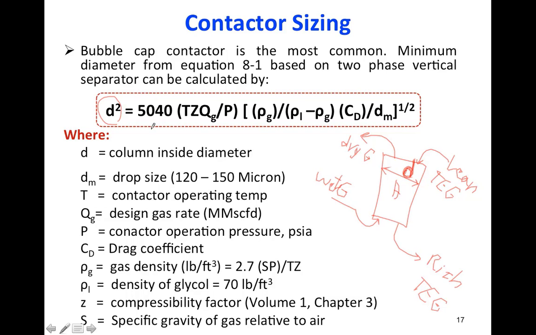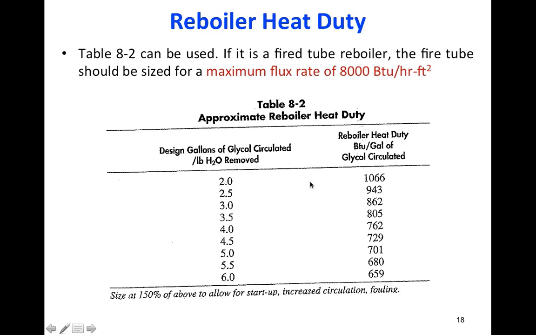It's very similar to many other equations we had in designing the line heater, like the treater heater and so on. This size is important. For the heat duty of the reboiler, which is another design parameter, we will use this table most of the time to find it.